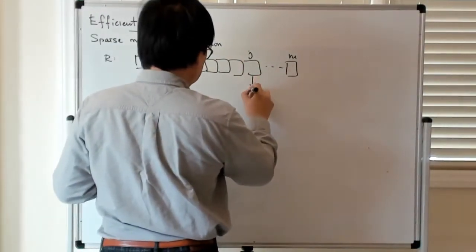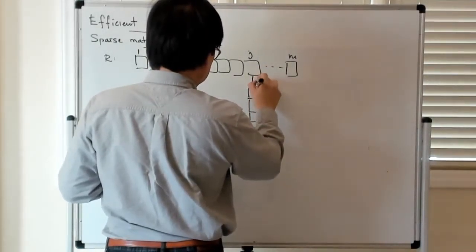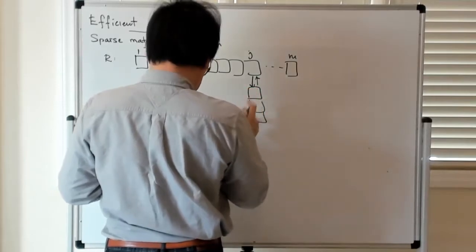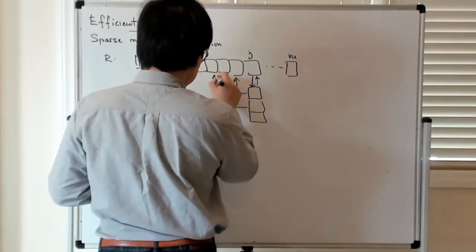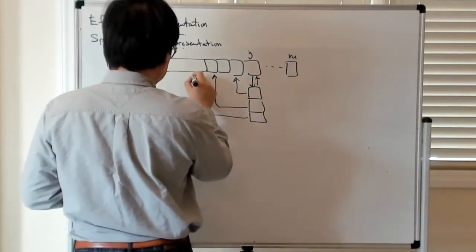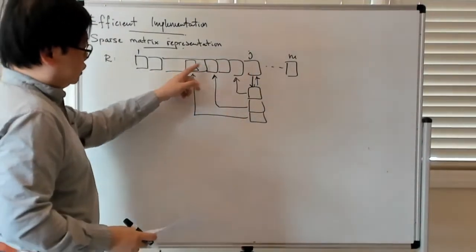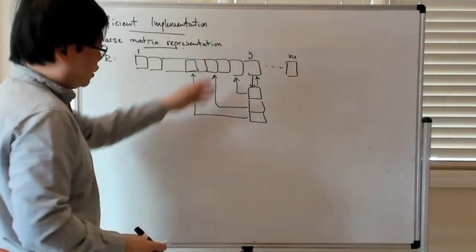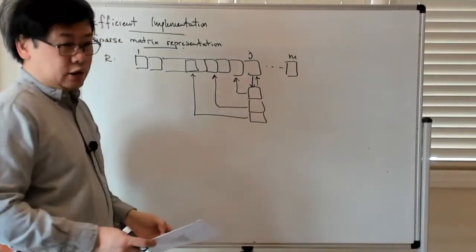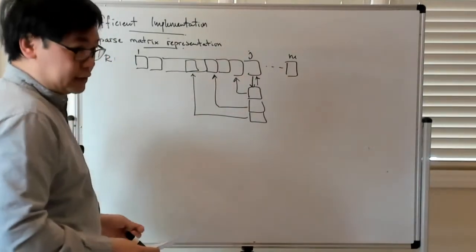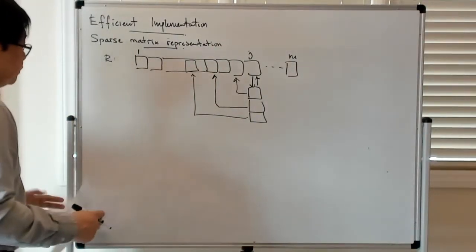Then there's going to be a list of things. And you can think of these as pointers to the simplices which, at least when you started off, were the codimension 1 faces of the jth simplex. Okay, all right.